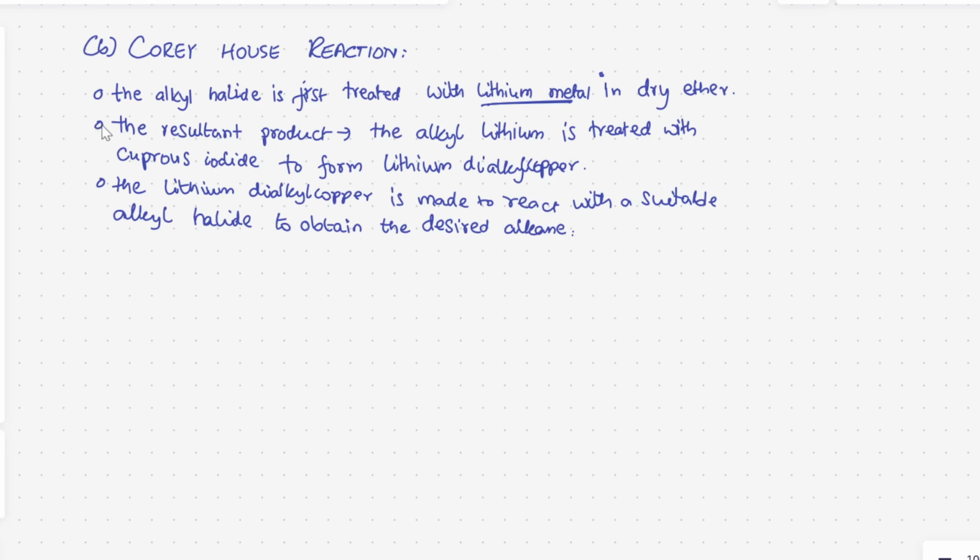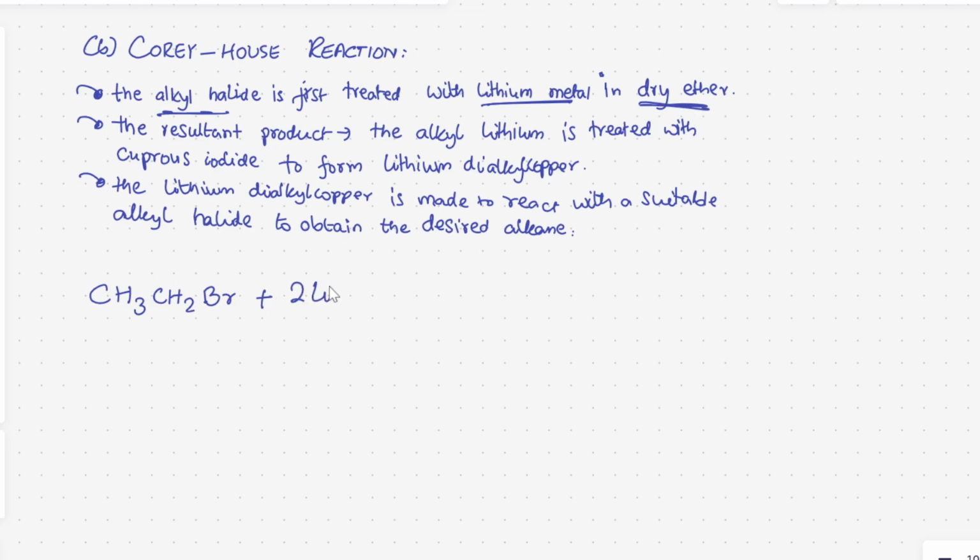Okay, so we can see that there are 3 steps to the formation of an alkane using the Corey-House reaction. So let's start with, it is always safe to take an alkyl halide that has bromine. So CH3CH2Br, and see, the alkyl halide is first treated with lithium metal in dry ether.